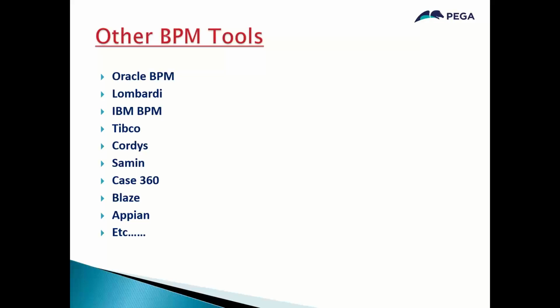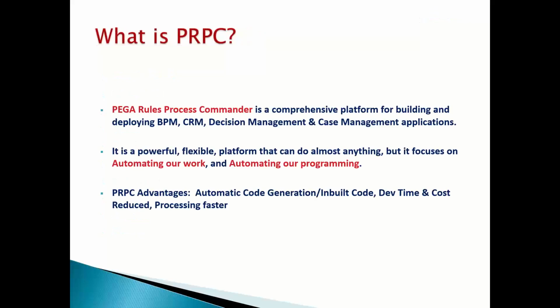So the thing is, in the BPM category or in the non-BPM category, Pega doesn't have any competition. Here we discussed that Pega is a company, an organization, and BPM is the environment. Inside this Pega Systems organization, the application name is PRPC. Actually, Pega is just the name of the product or the organization. But the actual application we will be using to develop applications in Pega is PRPC.